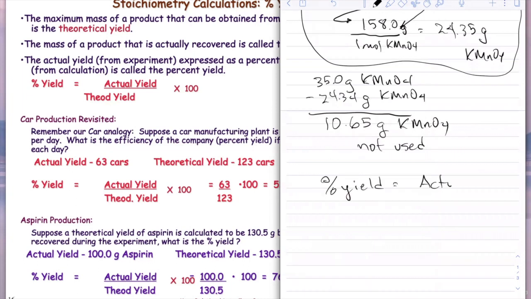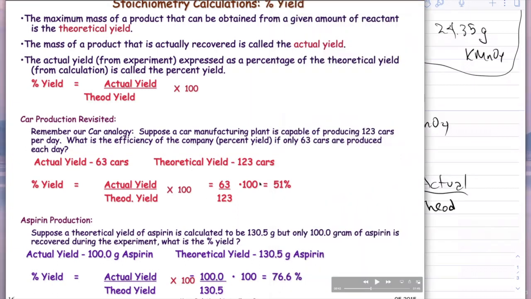The actual is when you go to the lab, do the synthesis, and weigh your product. That's reality. The theoretical is based on assuming that everything is going to get converted 100% of the time. So if we know what the actual and the theoretical are, then we can calculate a percent yield.